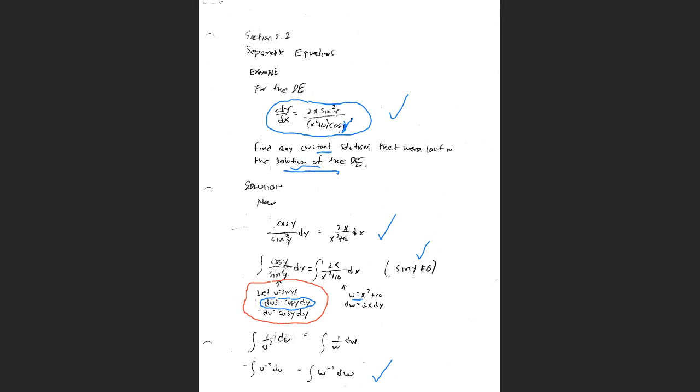Okay, so you have the integral of the cosine of y divided by the sine squared of y, which is the sine of y quantity squared, right?